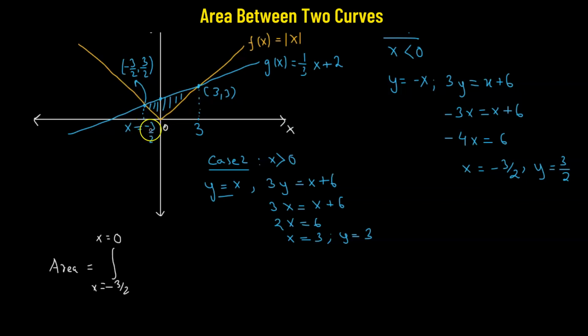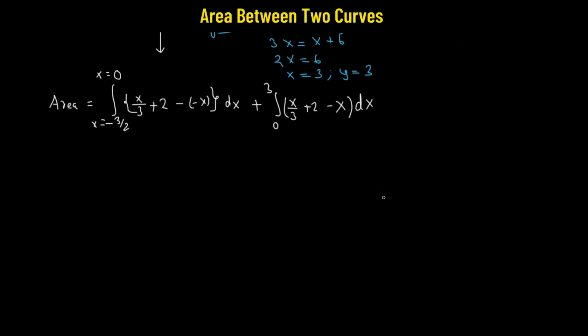So in the interval negative 3 over 2 to 0, our g of x is x over 3 plus 2, minus the graph of f of x. So f of x here is negative x. This is dx, plus the second integral going from 0 to 3. In this case, we have g of x, which is again x over 3 plus 2, minus f of x. Now f of x will be simply positive x because we are in the regime x greater than 0. So this is minus x, integrated with respect to x. So let's complete this integration.